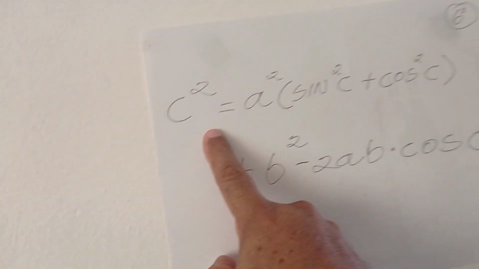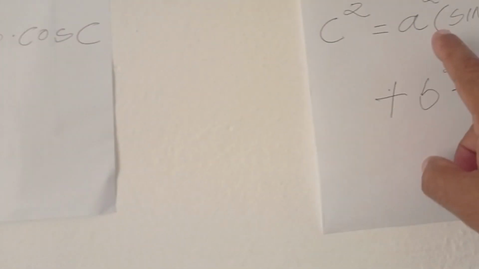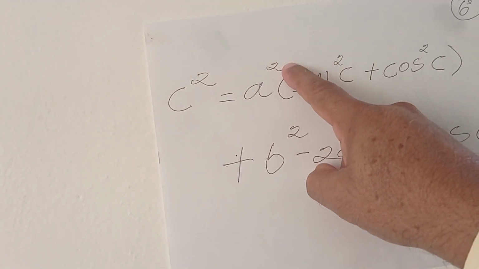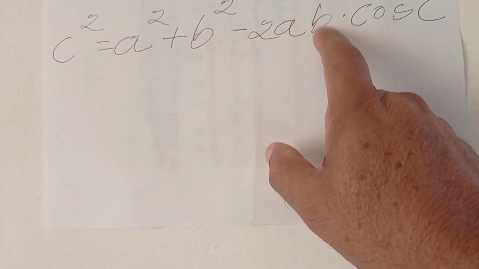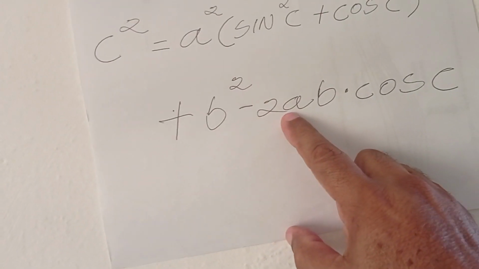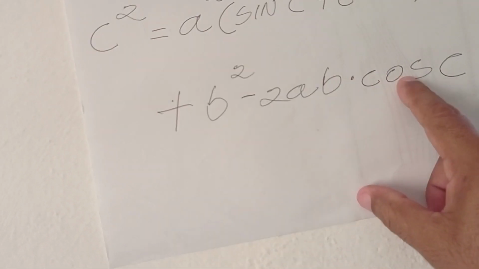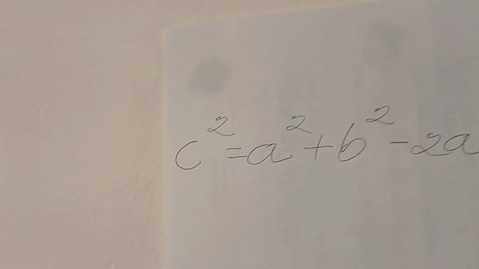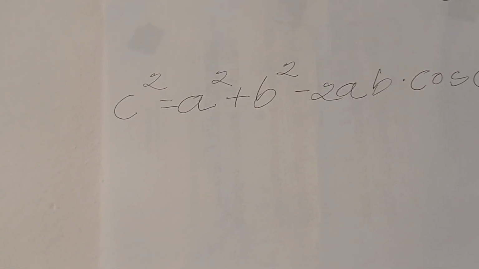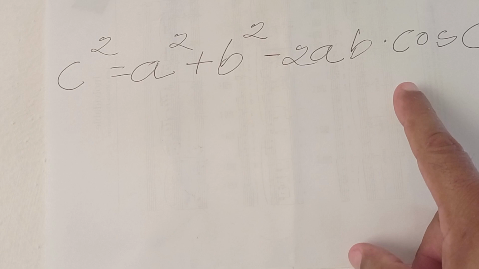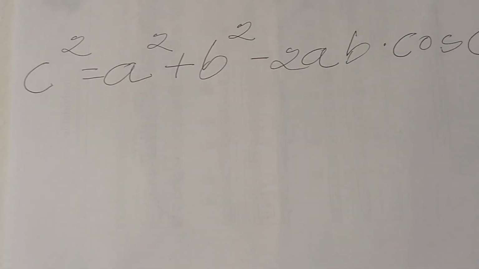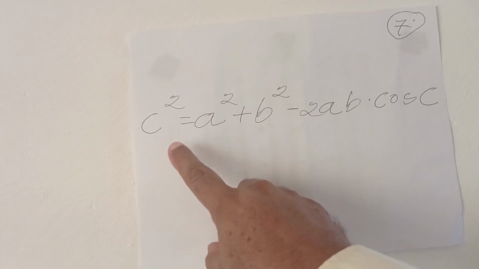So finally, C squared equals A squared plus B squared minus 2ab multiplied by cosine of C. Finally, we get the formula out of this. And yes, finally, this is the formula.